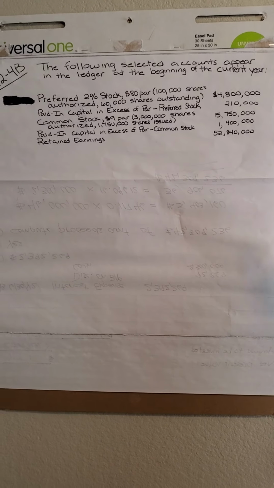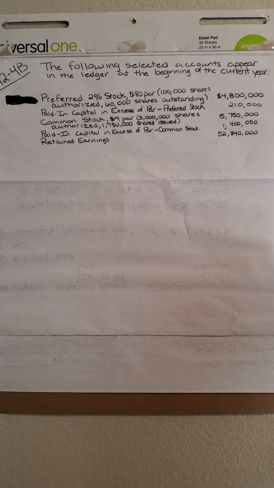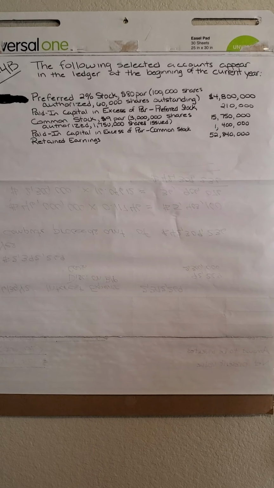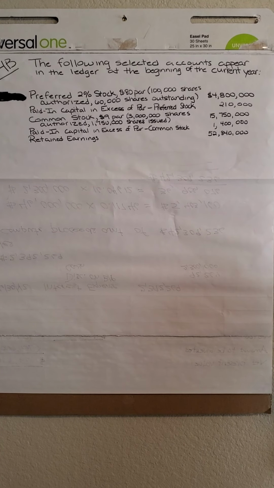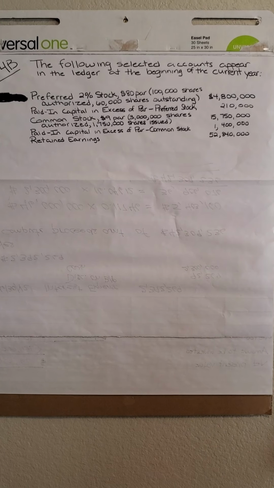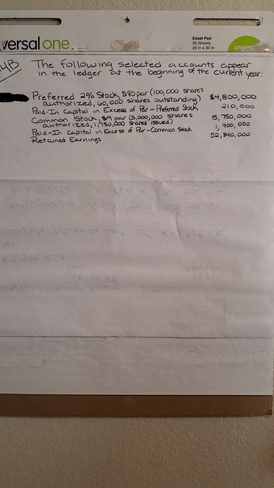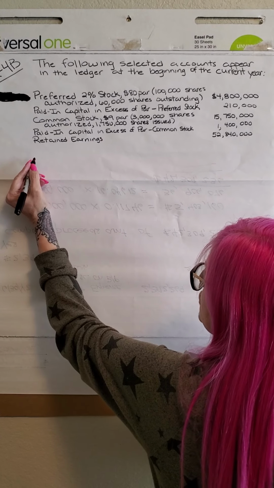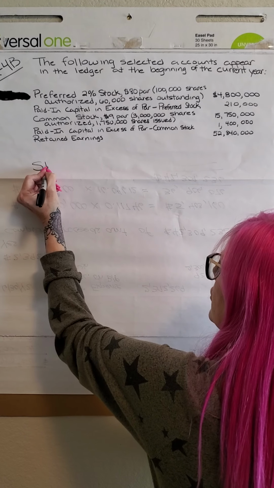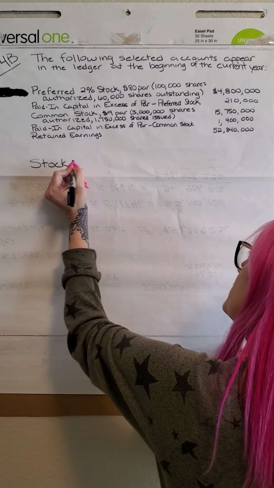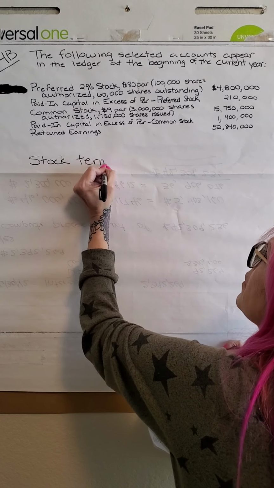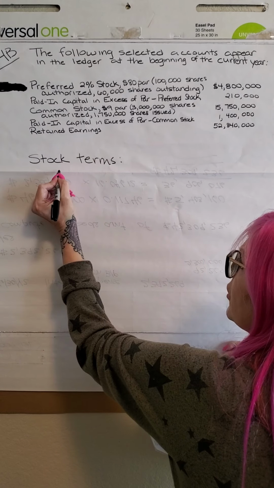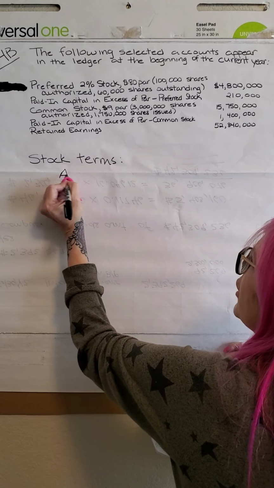So we have preferred stock, 2% stock, $80 par value, 100,000 shares authorized, 60,000 shares outstanding. When we're looking at our stock terms, there's a term called authorized shares.